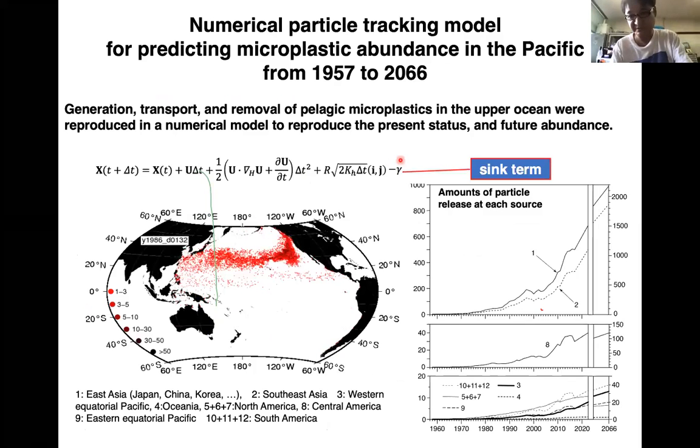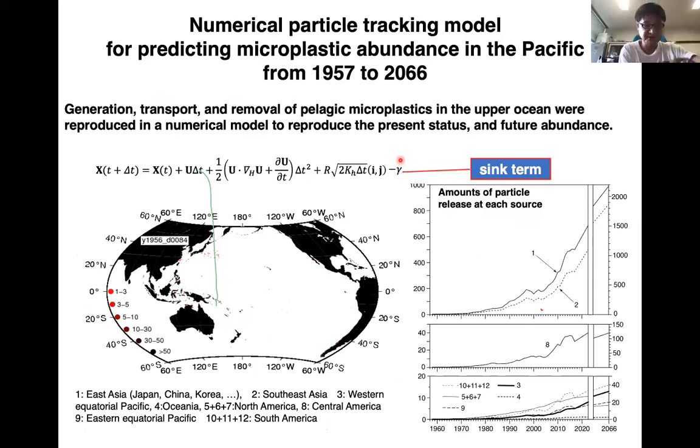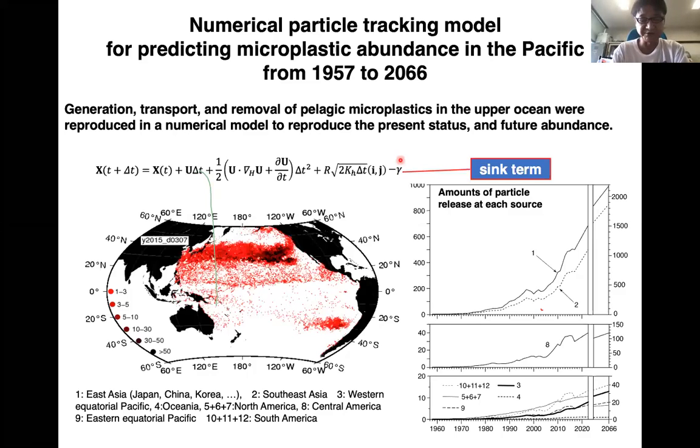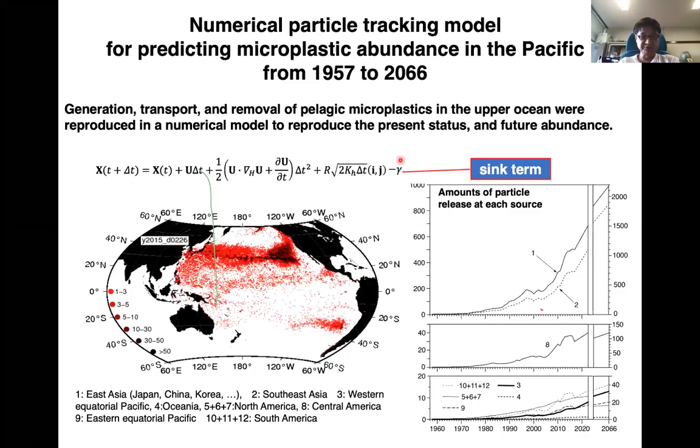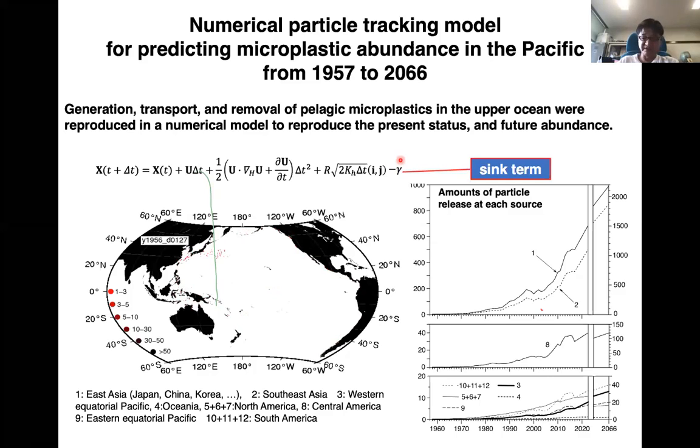This means that the microplastic drifting in the upper ocean is not eternally drifting. In the oceanic processes, we assumed that the microplastic drifting in the upper ocean is removed by oceanic processes.